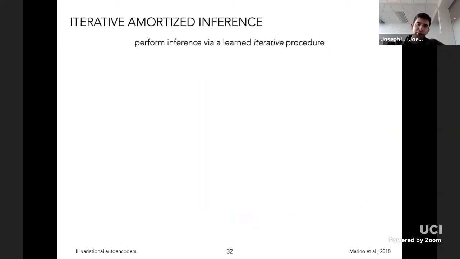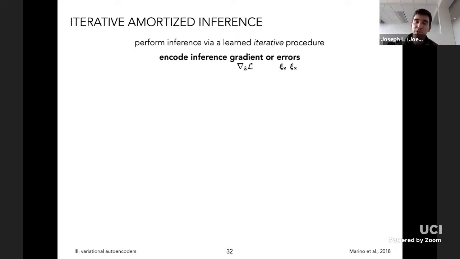So in my work, I've looked at trying to reconcile variational autoencoders with more of the predictive coding style of inference procedure, where we still learn the inference procedure, still have this meta optimization interpretation, but now make that an iterative procedure to hopefully increase the accuracy and expressivity.